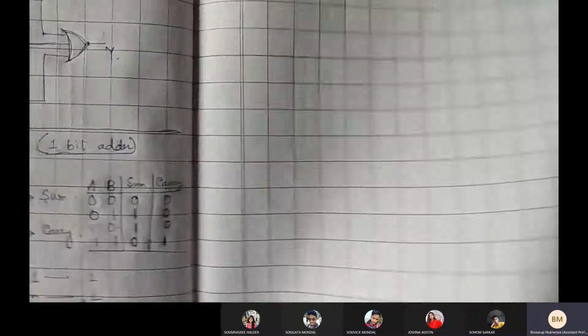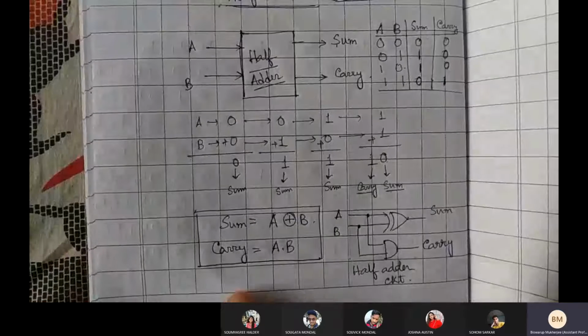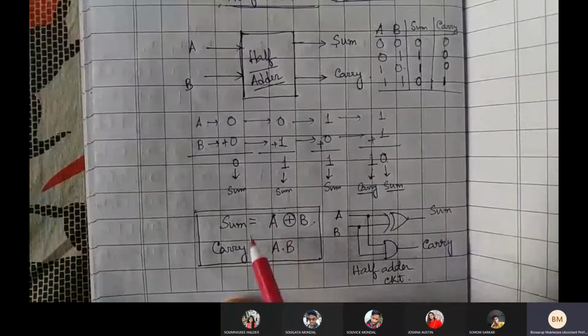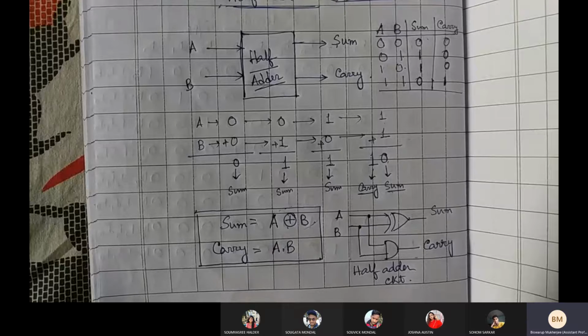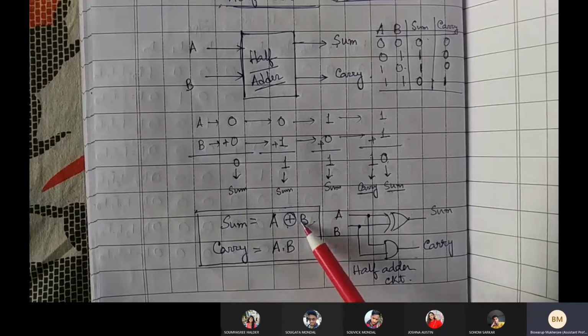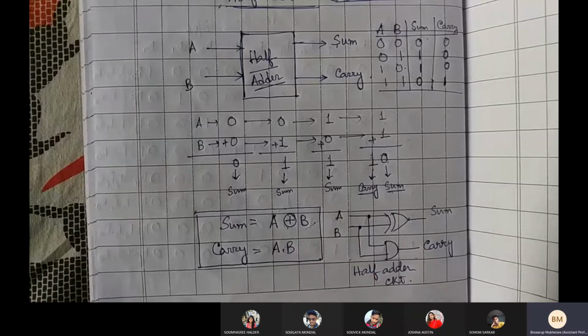Coming to the next one, even if you fail to observe this one as XOR or this one as AND, you can still make it with the help of a K-map. K-map, no problem at all. Using a K-map also it will come like AB bar plus A bar B, and this will simply come as AB. You can test, you will find that.